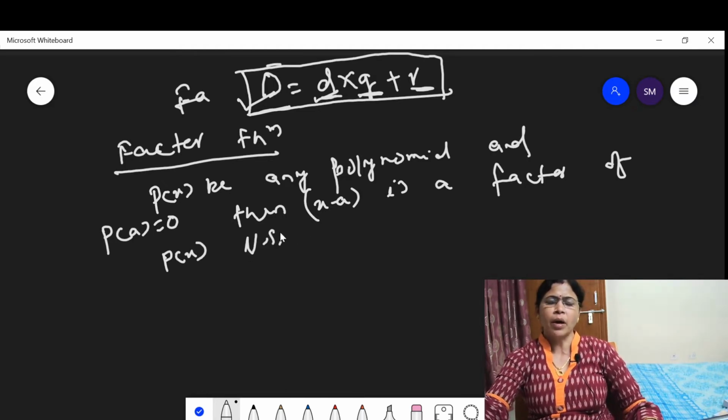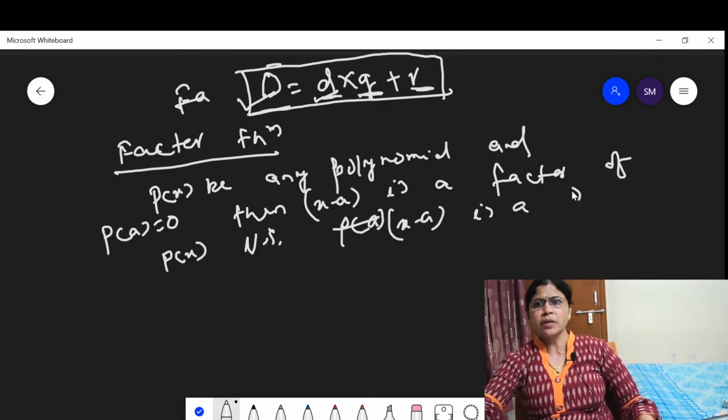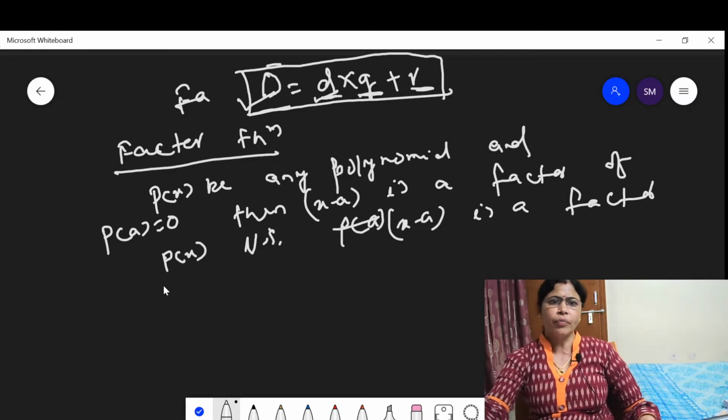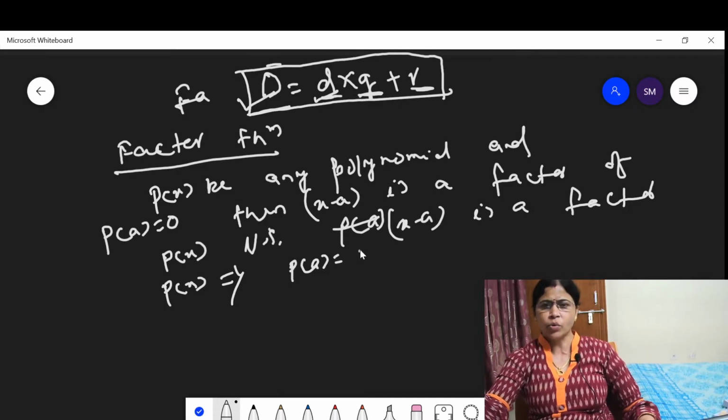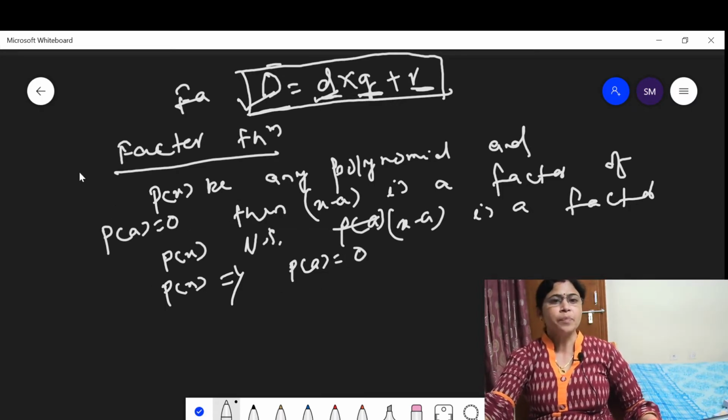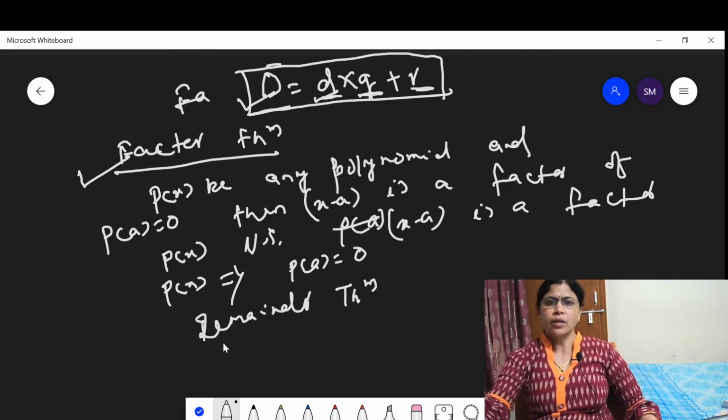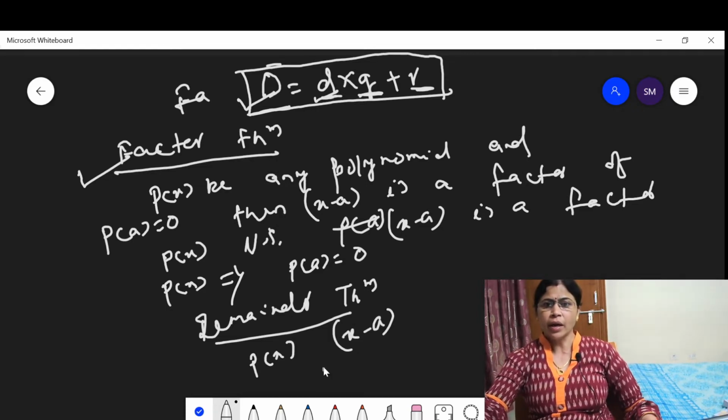Vice versa, if x minus a is a factor of P(x), this shows that P(a) is equal to 0. Okay. This is the factor theorem, and the remainder theorem says that when P(x) is divided by x minus a, then P(a) is equal to the remainder.